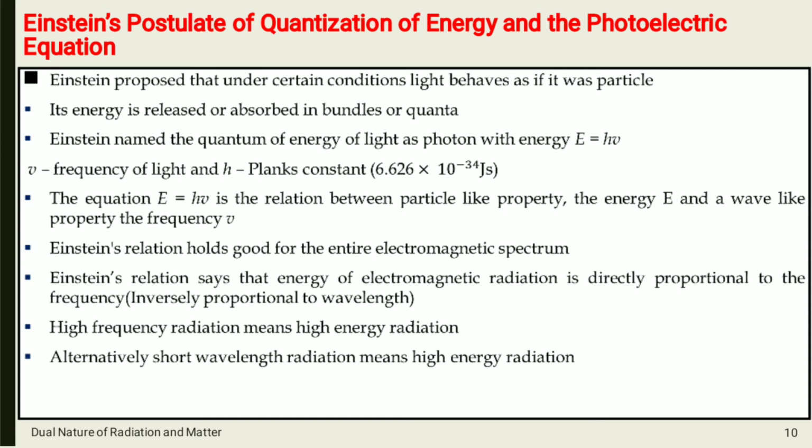Energy of photon is given by the equation h nu, where nu is the frequency of light and h is Planck's constant, which has the value 6.626 into 10 raised to minus 34 joule second.